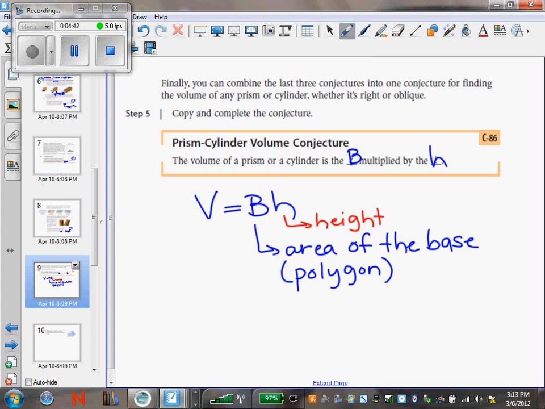Remember, the height is the length of the altitude, and the altitude is perpendicular to the base. So look for that perpendicular altitude, which will be the height.